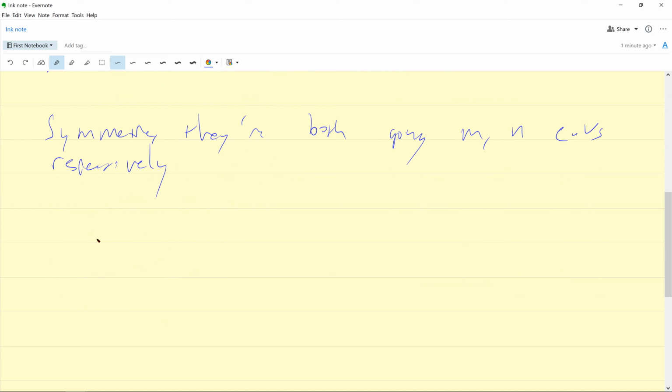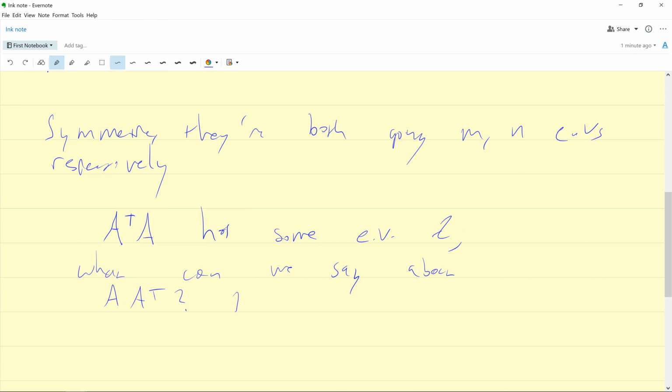So let's say A transpose A has some eigenvalue lambda. What can we say about A A transpose?